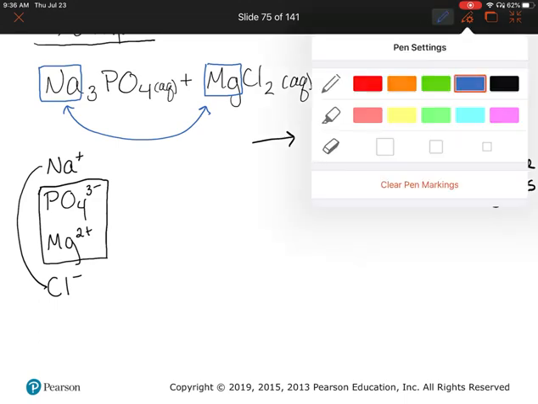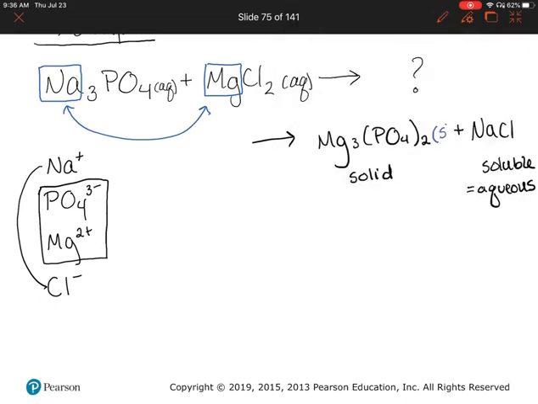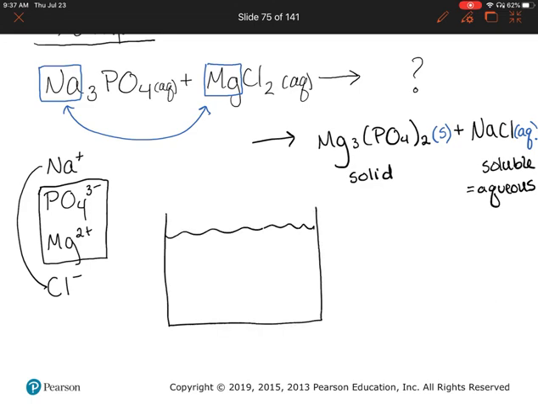So we're going to write in parentheses the states of each of our products. So magnesium phosphate is a solid, and sodium chloride is aqueous because it's always soluble. So what that really means is if we looked at a beaker with this solution in it, we would have magnesium phosphate molecules floating around, and they would just be stuck together there.